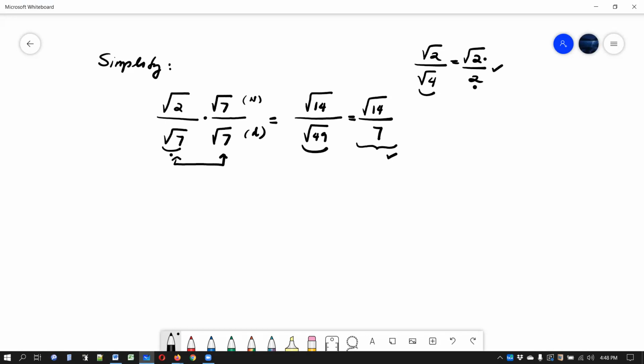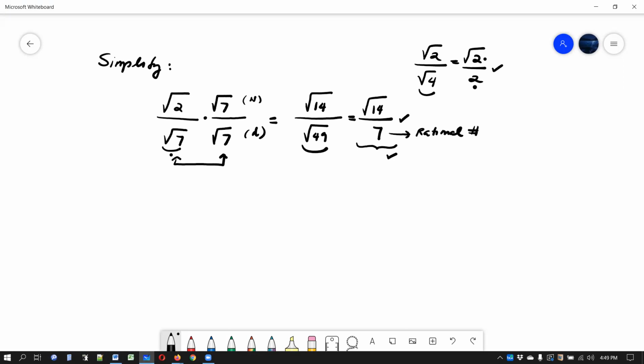Notice that we really didn't divide anything. The division didn't take place because we don't know what radical 14 is. It's an irrational number, but we left it in a form that is rationalized, meaning that the denominator is a rational number.